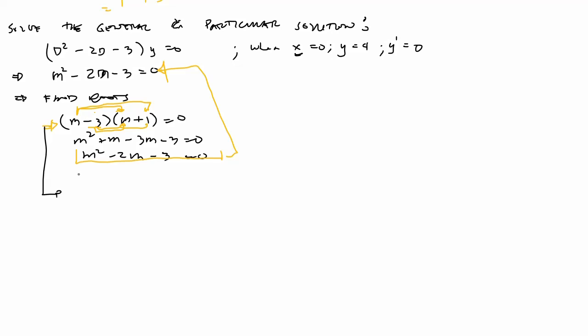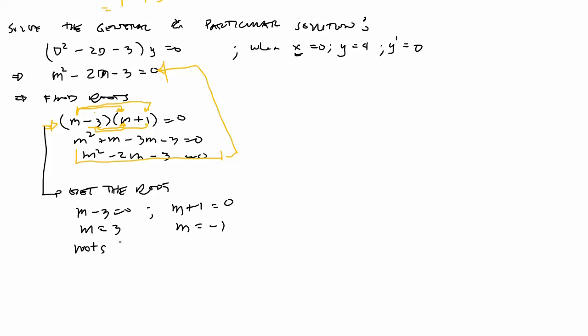Okay, so next step, we need to get the roots. To get the roots, we equate these terms one by one to 0. So we have m minus 3 is equal to 0, therefore m is equal to 3. And then m plus 1 is equal to 0, so m is equal to negative 1. So our roots are m sub 1 is equal to negative 1 and m sub 2 is equal to 3.